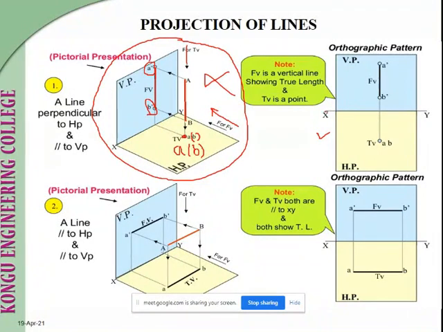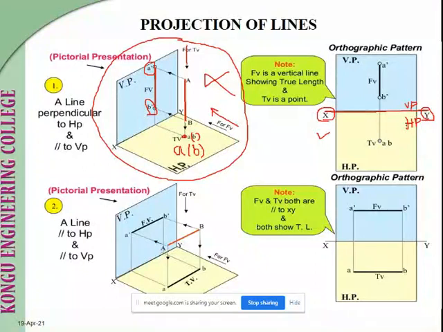Actually, you have to draw this diagram. So you have to draw a horizontal reference line. So you can mark it as X, Y, and also with that you have to mark VP here, and also you have to mark HP here. Okay, so this is a common one. You have to do this for each and every problem.